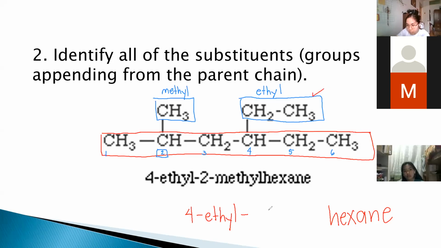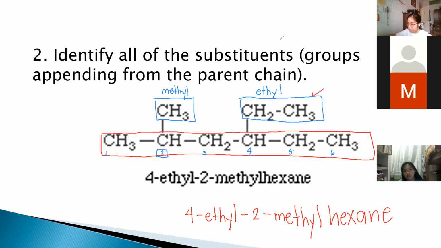We will go now to methyl, and methyl is bonded to carbon number 2. So we'll write 2 here. Siyempre hindi na tayo gagamit ng prefixes, class, kasi isa lang naman siya. So hindi na kailangan yung di, tri, and so on. So wala na ding comma dyan. Dash lang talaga yan siya lahat. So dash methyl.